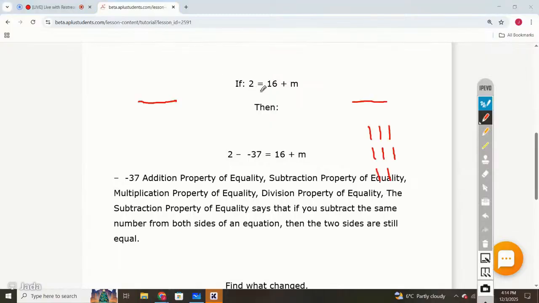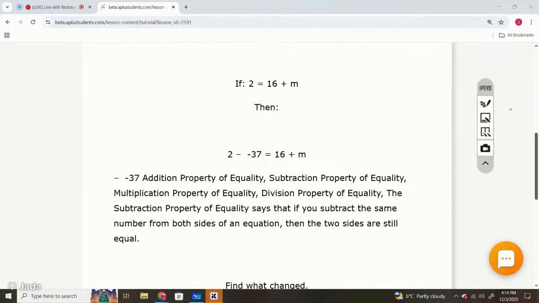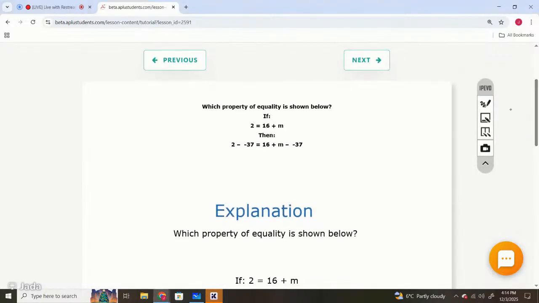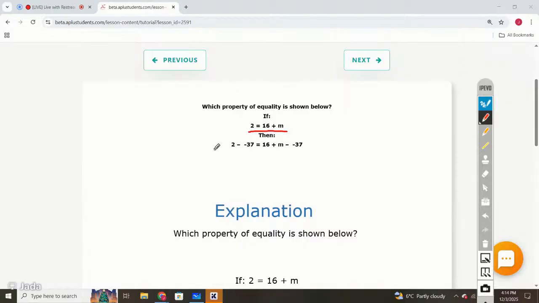Basically, if 2 is equal to 16 plus m, right? Just look at the one after the if: 2 is equal to 16 plus m, and look at the one after the then. You simply subtracted negative 37 from both sides, right?